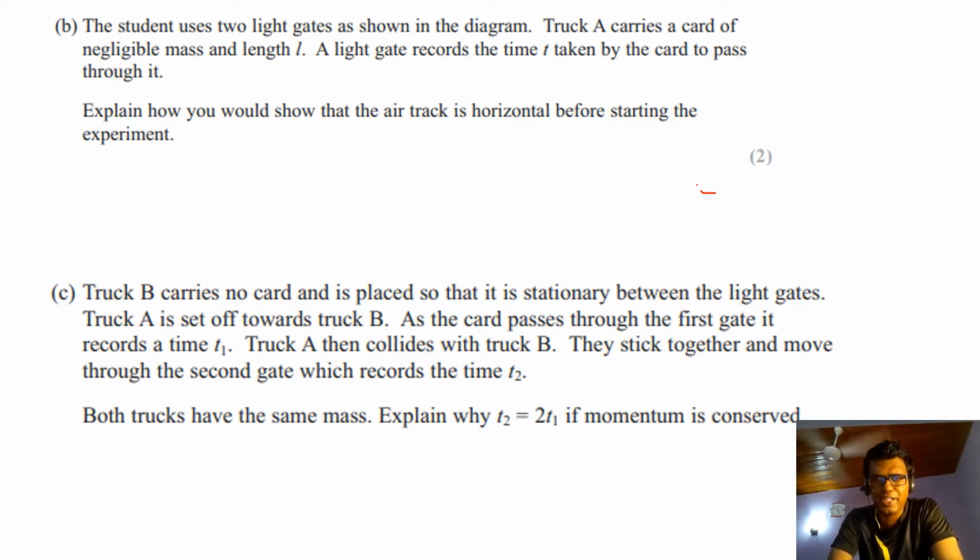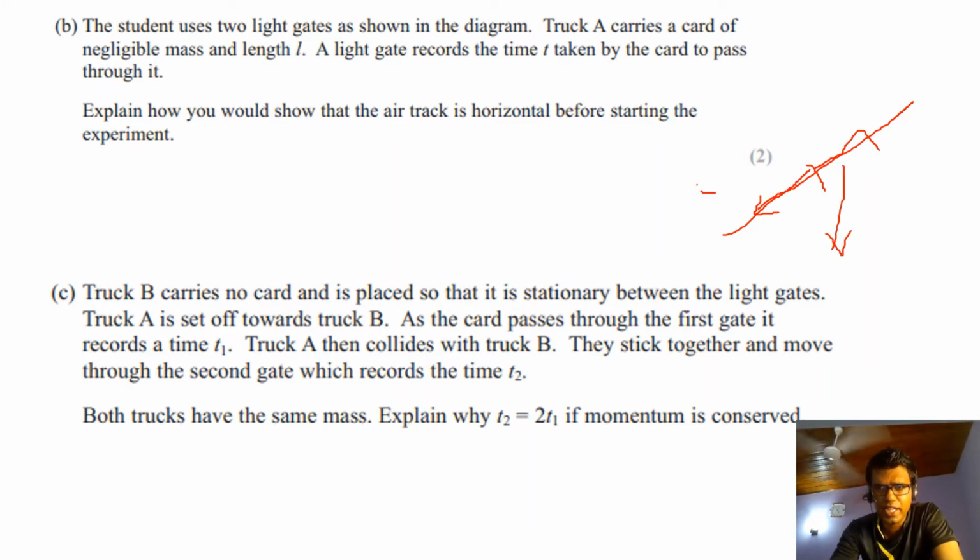So why do we need to do that? If the air track is not horizontal, if it is at an angle, the component of the weight of the glider would be along the air track. So then the glider will move along the air track due to the component of the weight.